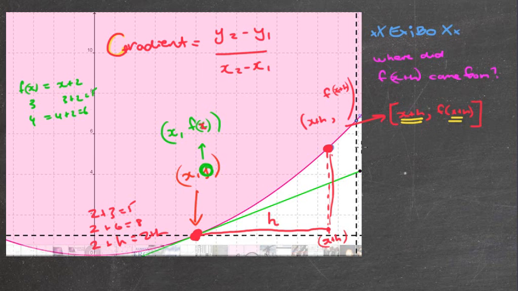So what we in fact have is two coordinates. We have that coordinate there, x plus h and f of x plus h, and we have that first one, which is x comma f of x. And that's where we come to deriving from first principles, because we now substitute these two coordinates into that formula, which would be y2 minus y1.